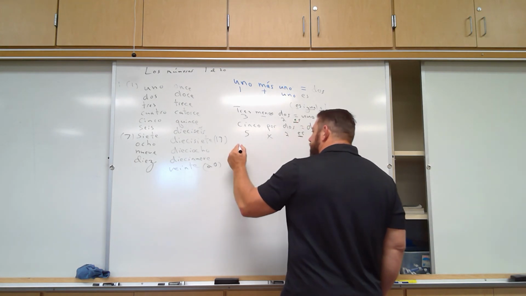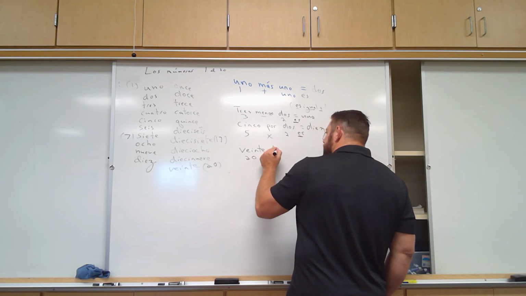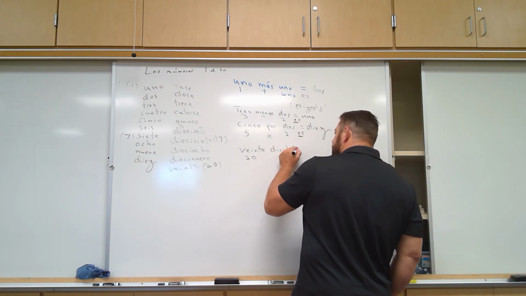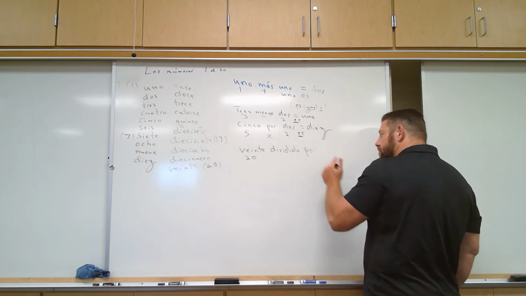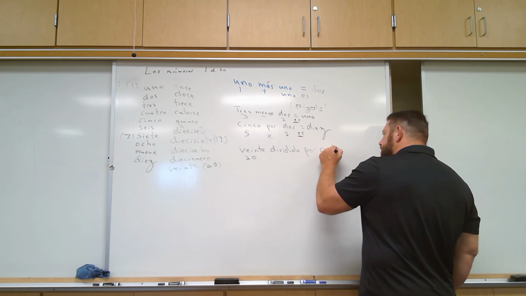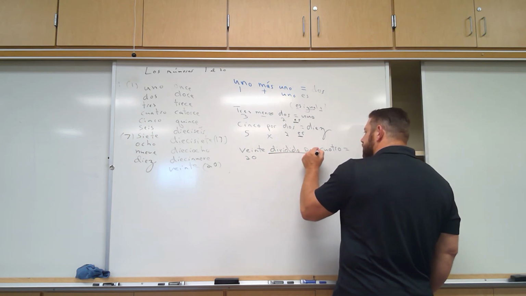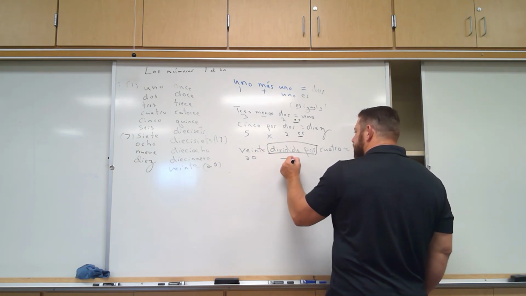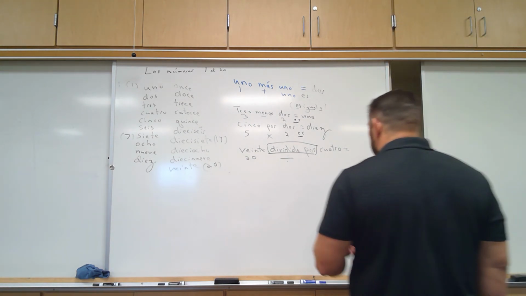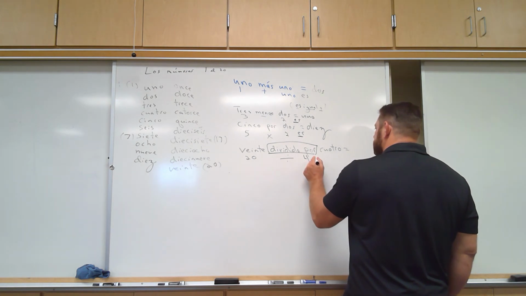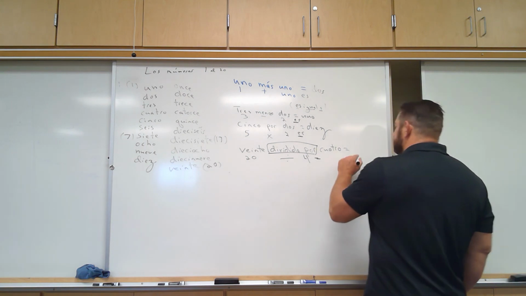Let's take a large one. 20 dividido por 4. 20 divided by 4 equals 5.